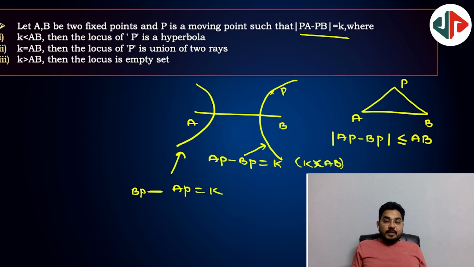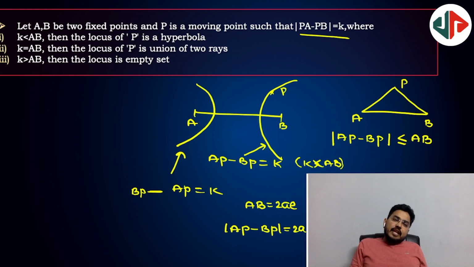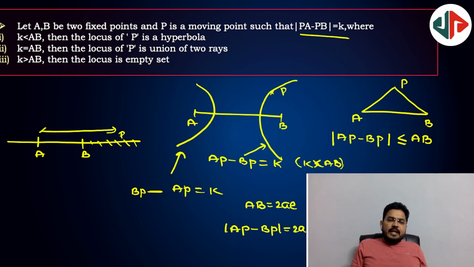It is called hyperbola. And again, this AB is equal to 2AE, where E is the eccentricity, and modulus of AP minus BP is equal to 2A. Okay, and if K is equal to AB, you take this line, A is here, B is here. Any point you take here, AP minus BP will be equal to AB.